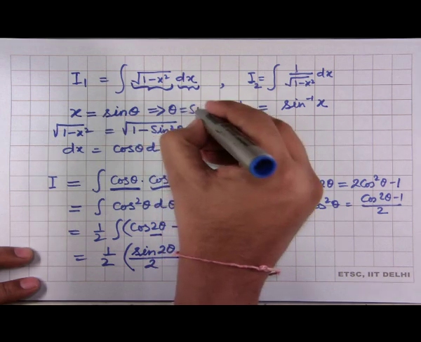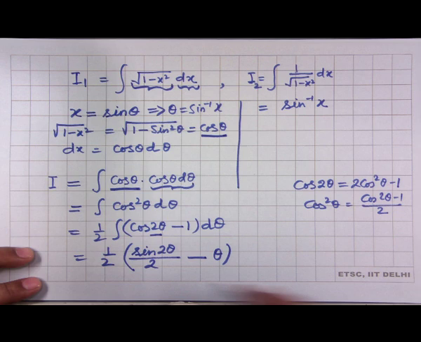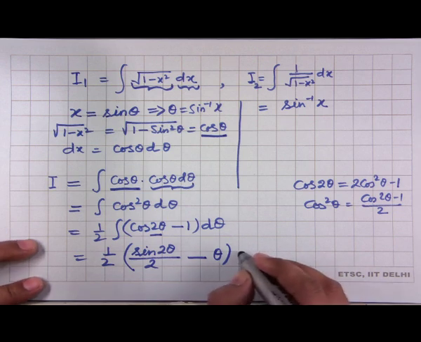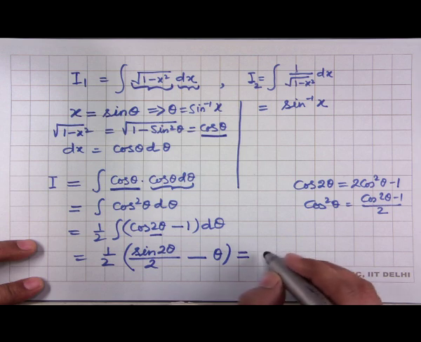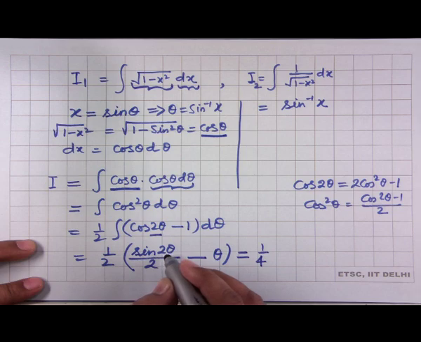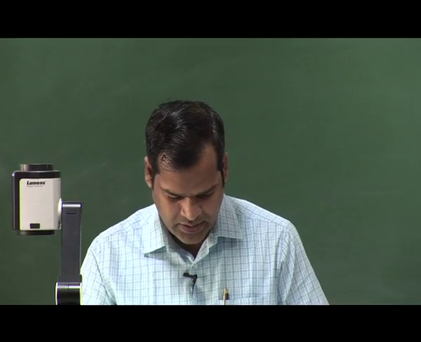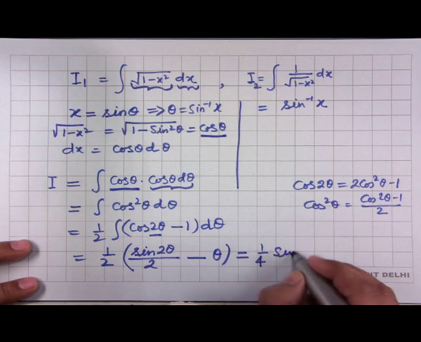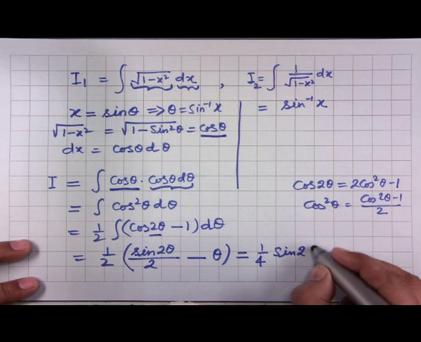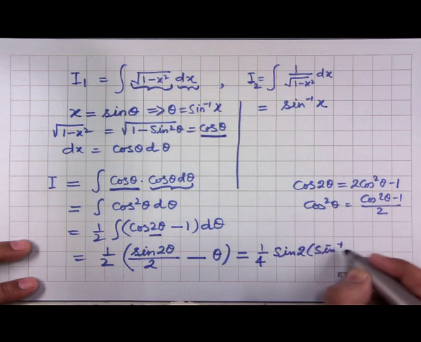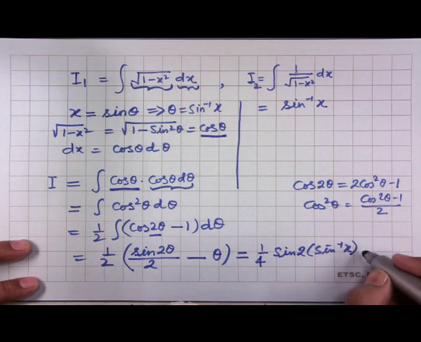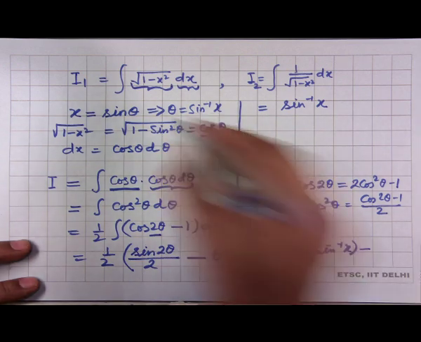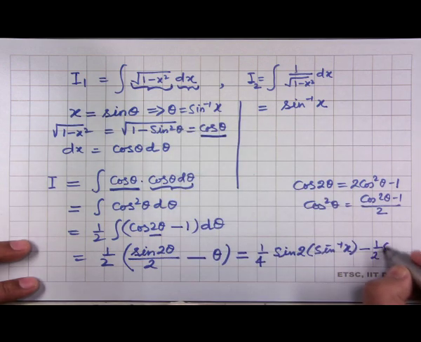Theta is nothing but sin inverse x, and therefore, this is written as 1 by 4 sin 2 theta, so sin of twice sin inverse x, plus theta by 2. Theta is nothing but sin inverse x, so plus 1 by 2 sin inverse x.